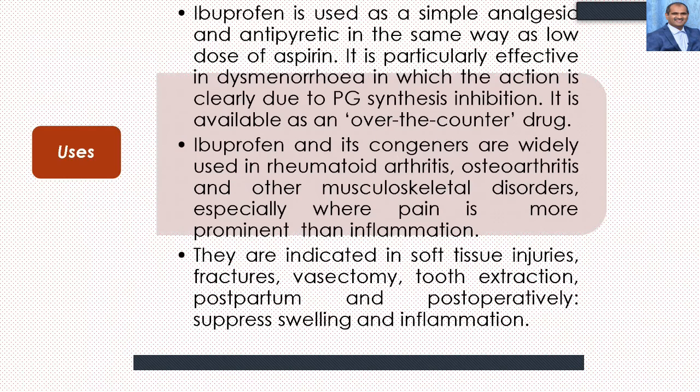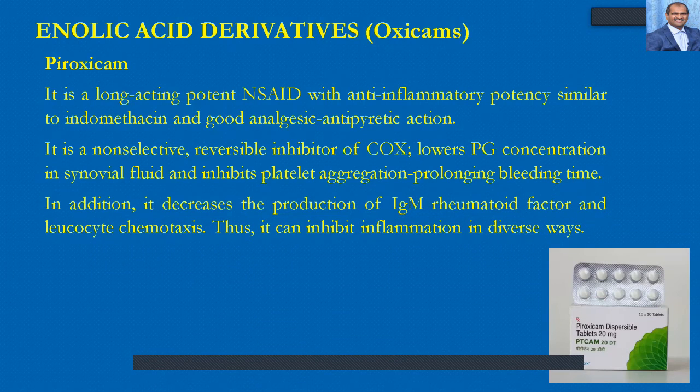And the clinical use of these drugs: ibuprofen is used as a simple analgesic and antipyretic in the same way as low dose aspirin. So it is very specifically effective in dysmenorrhea, where the action is clearly due to the PG synthesis inhibition. Then, in addition, it decreases the production of IgM or immunoglobulin M, rheumatoid factor, and leukocyte chemotaxis.